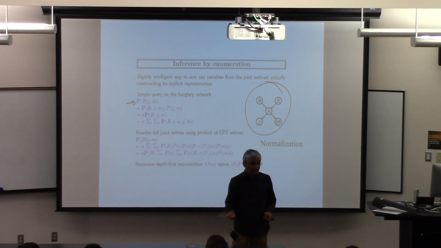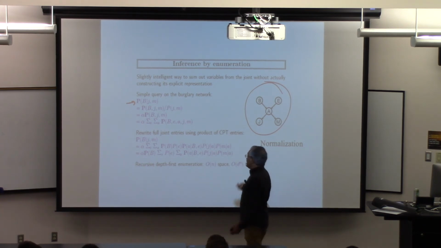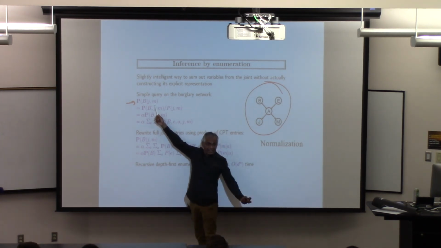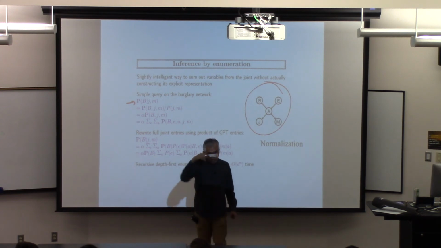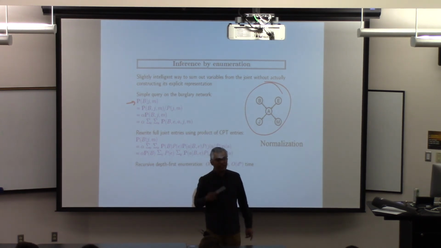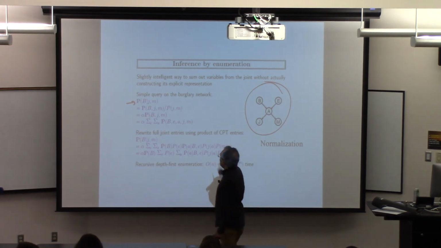Since it's Boolean, I need the probability for true and the probability for false. And then the evidence is always given exactly, so John called and Mary called. Those are the small letters. If you happen to know that John didn't call, you would say not j. This much you understand. So I'm trying to compute this.